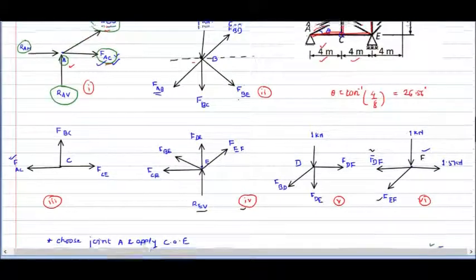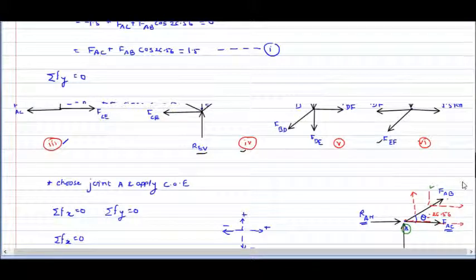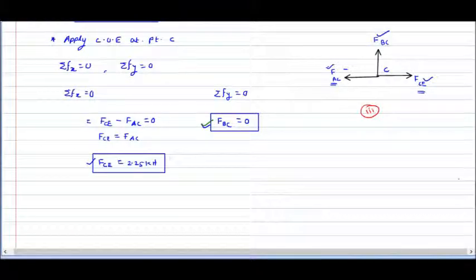Now once again we can move to the next point. This point 1 is done, point 2 is also done, and now we can proceed with the next option, which is either point B, E, D or F. If we choose point B, force in member AB is known, and force in member BC, which we just calculated, is also known.